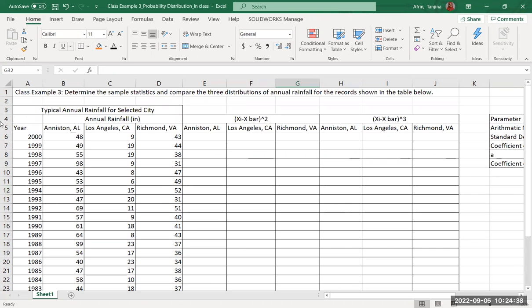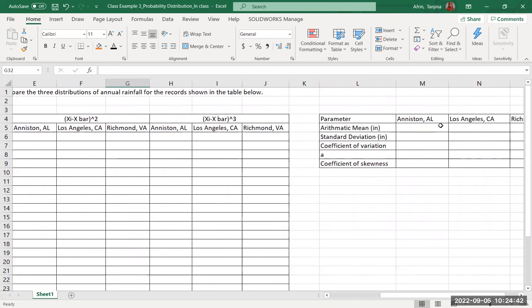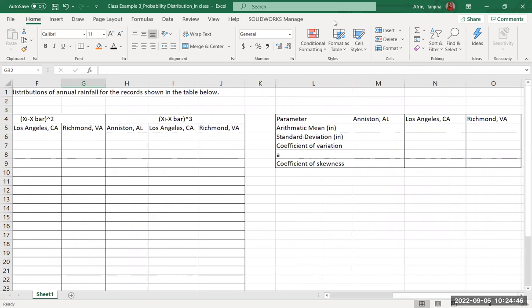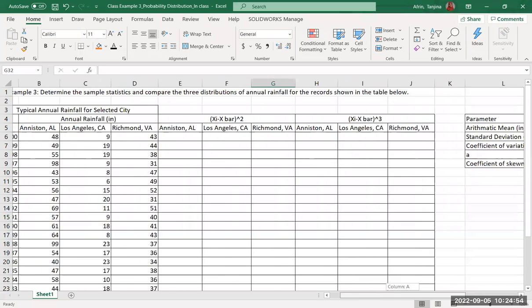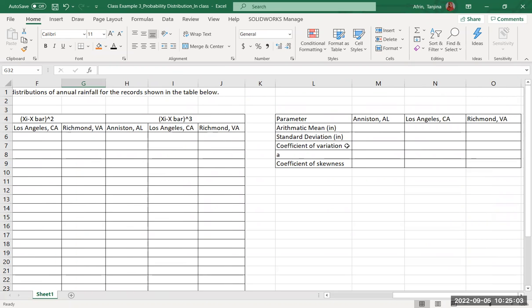Okay, now can you calculate the arithmetic mean for these three states? How will you do that? You will find the summation of that and divide by n, or there is another function called average.